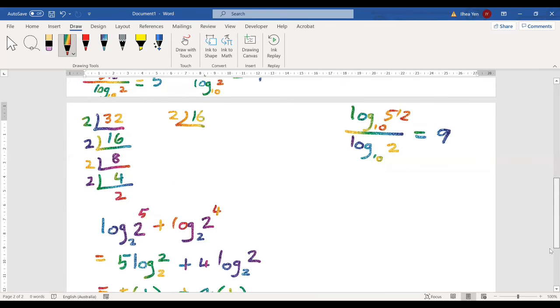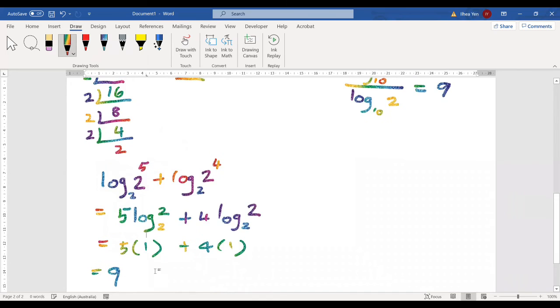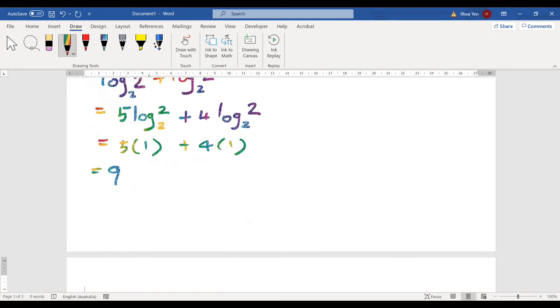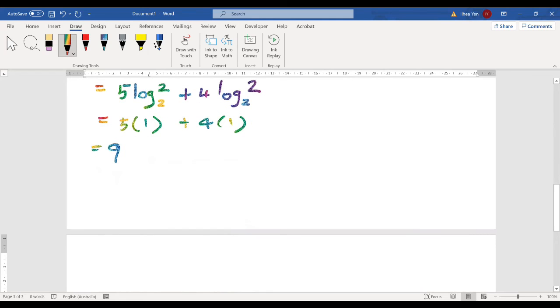Okay, so what we're going to do here is go to the next page. So what we got here is, therefore, 9 equals log base 2, x squared. We haven't done this yet. Okay, so whatever the left hand side is on both ways, we know that it's going to be 9.